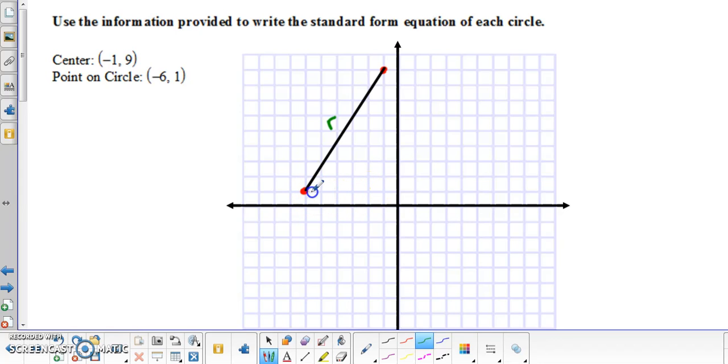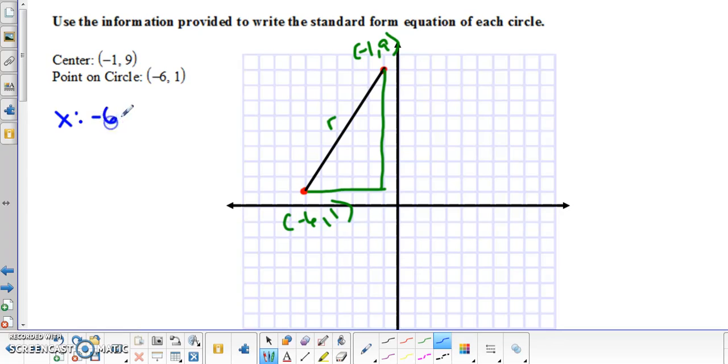In order to do that, that's where I'm using the Pythagorean theorem, where I'm figuring out my horizontal change and my vertical change. So if I've got these two points, one at -1, 9 and one at -6, 1, horizontally I'm changing along my x, so I'm going to look at this -1 and this -6 and find out what the difference is. Remember, my difference is when I'm subtracting.